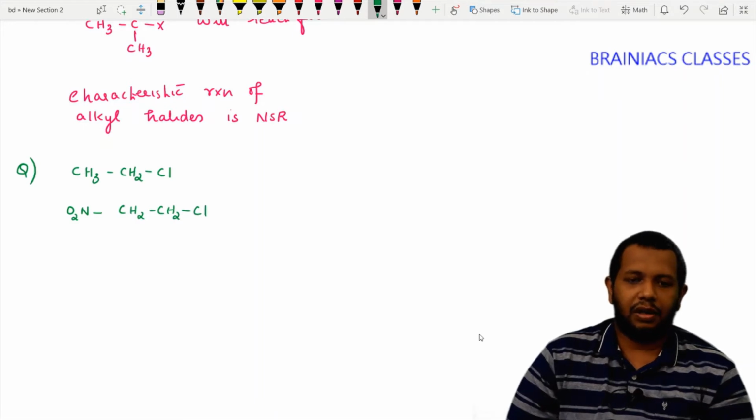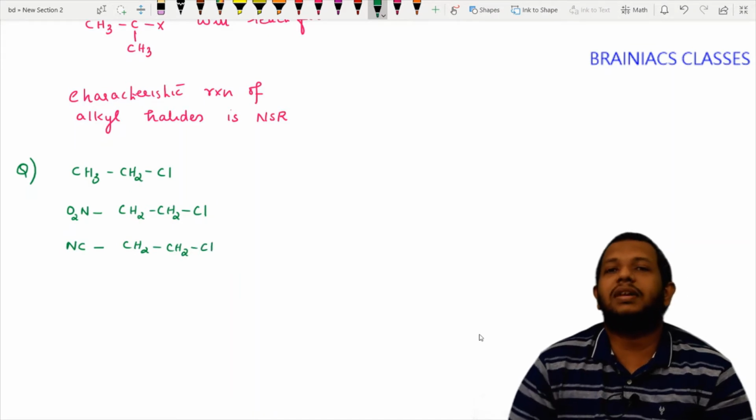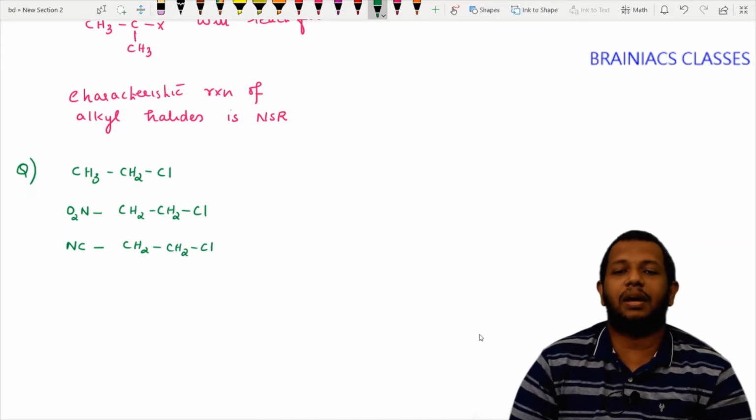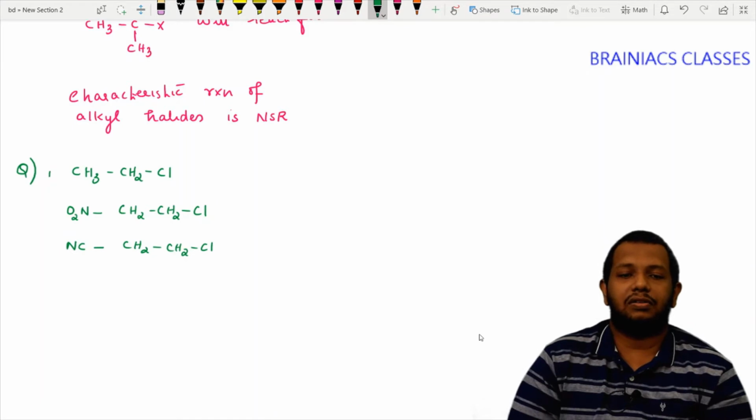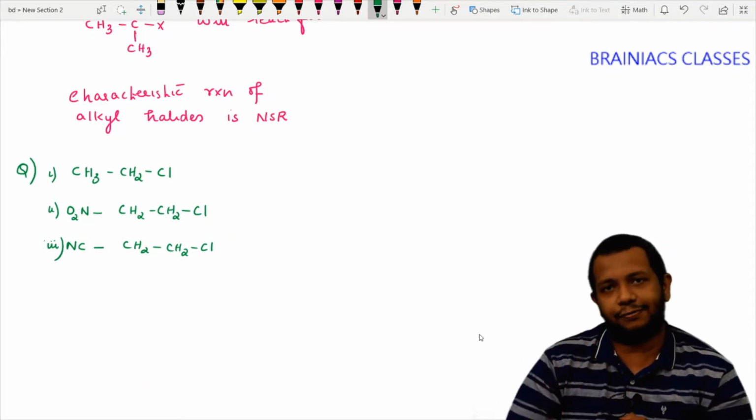And you are given NC cyanide, CH2, CH2, Cl. You are given three alkyl halides, and you need to say among the three, this is the first one, this is the second one, and this is the third one, which alkyl halide will react very fast?